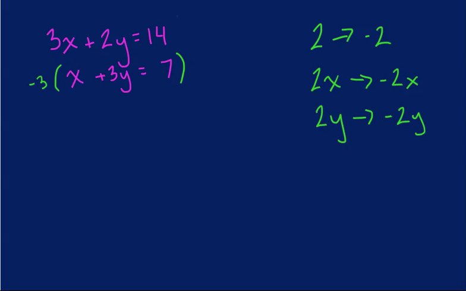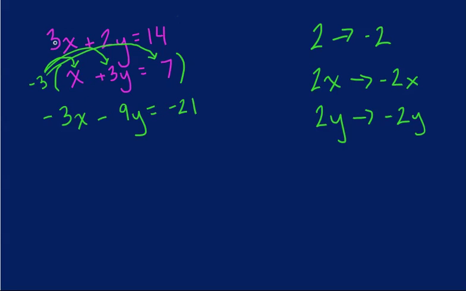I just wanted to identify equation 1 and 2 for you. So when we multiply, negative 3 times x gives me a negative 3x. Negative 3 times a positive 3y gives me a negative 9y. And then negative 3 times positive 7 gives me a negative 21.